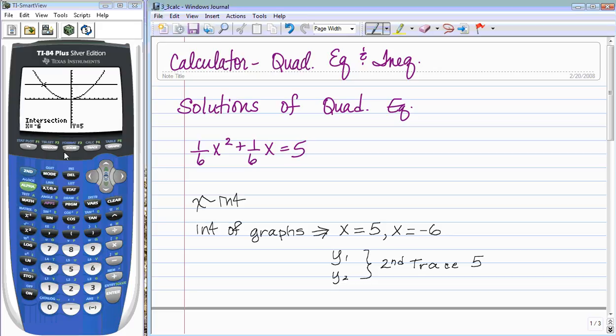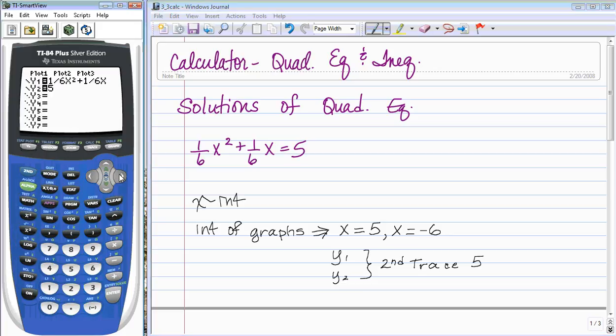Okay. Now if I wanted to do the x-intercept method, do you remember what I'd have to do? I'd have to say 1/6x squared plus 1/6x minus 5, and that's equal to 0.